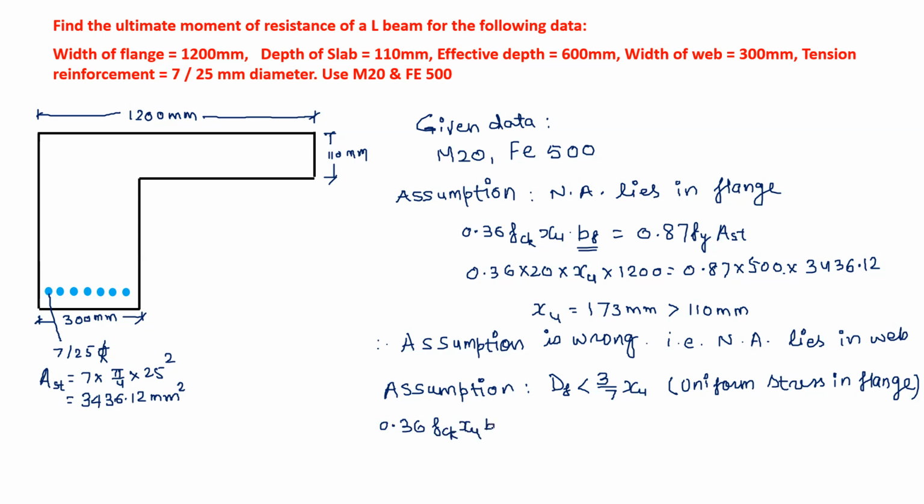Now keep in mind this is bw. So now we are making it into two parts. One part we say is a rectangle. Therefore 0.36 fck xu bw plus the remaining part, 0.45 fck uniform stress into bf minus bw into the depth of flange Df, which is equal to 0.87 fy Ast.